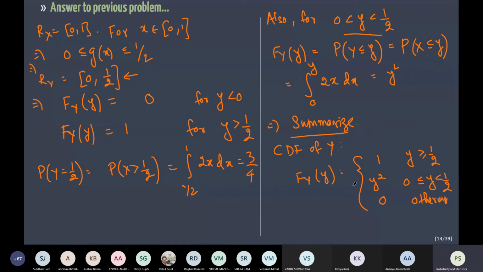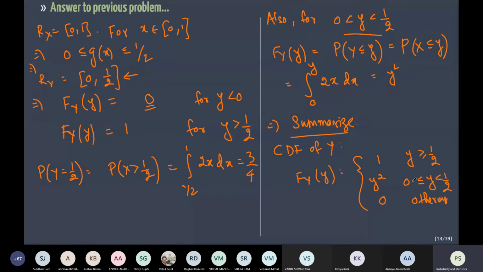So we have the CDF of Y. If we wrap up, this will be the case because y less than 0 is anyway 0, so I can include 0 and nothing is changing here, right? So 0 can be included because less than 0 was anyway 0.